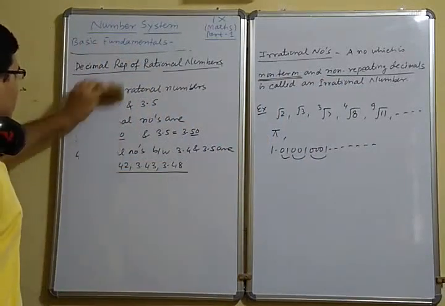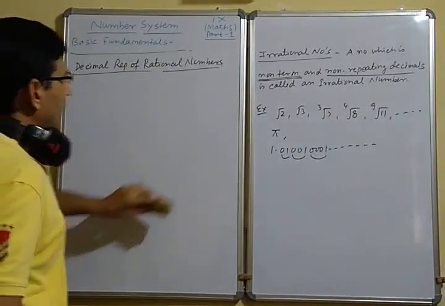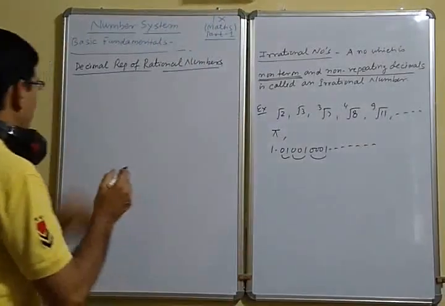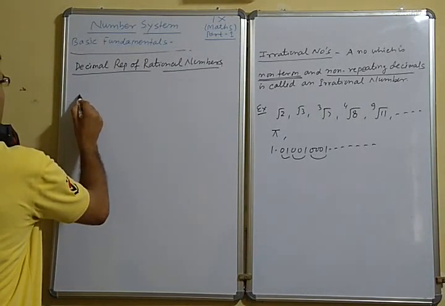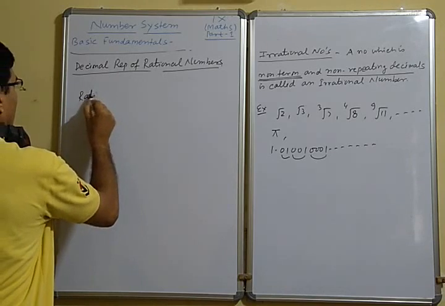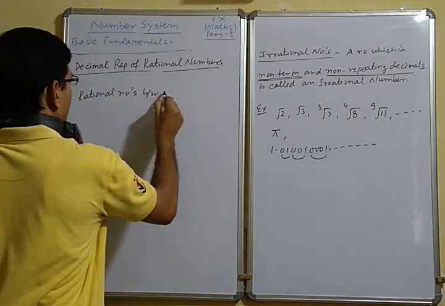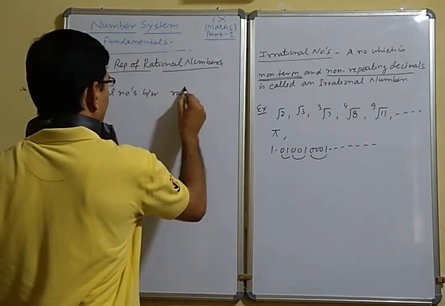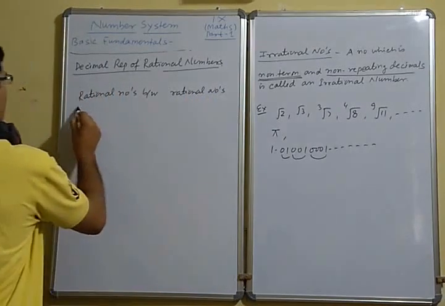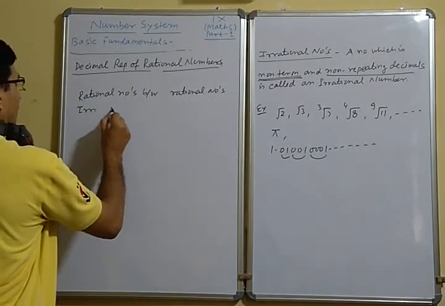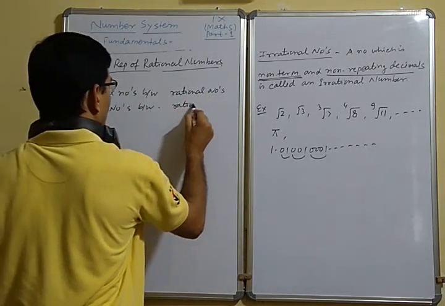Now let us try to understand rational numbers between numbers. We have 4 points to discuss. First, rational numbers between two given rational numbers. Irrational numbers between rational numbers.